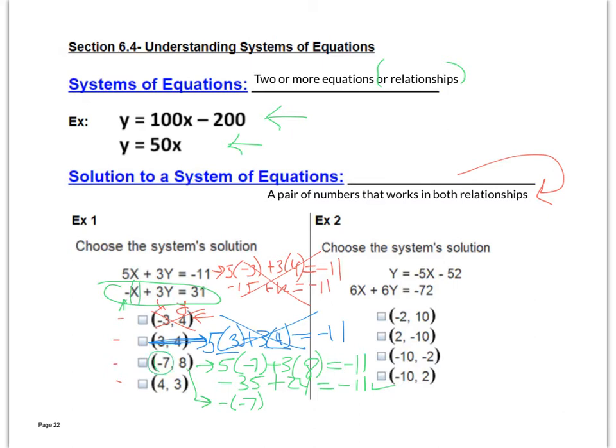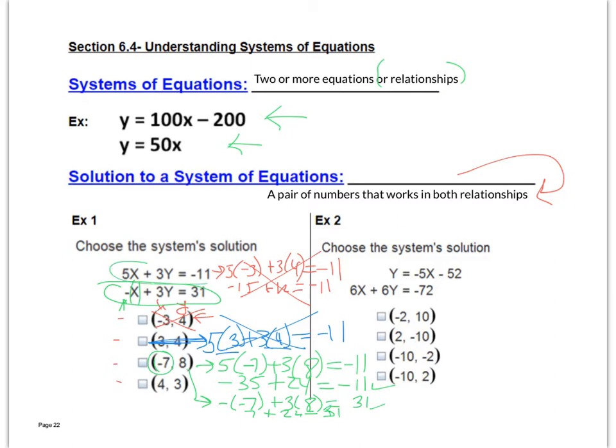It's the opposite of x, the opposite of negative 7, plus 3, and my y is 8. That should give me 31. Let's see if it does. Well, negative 7 is 7, plus 3 times 8 is 24. That should equal 31, and it does. That does work. It does give me 31.